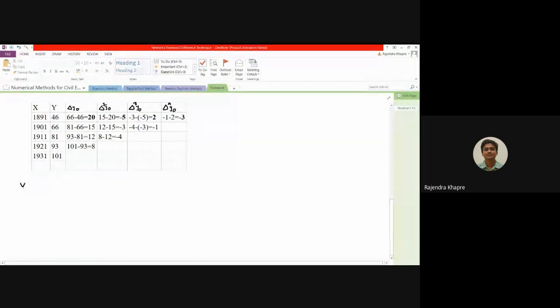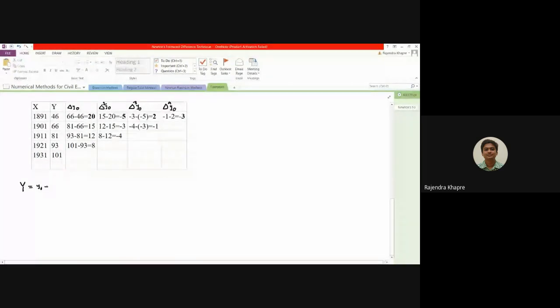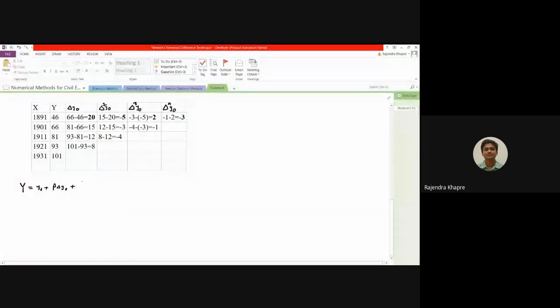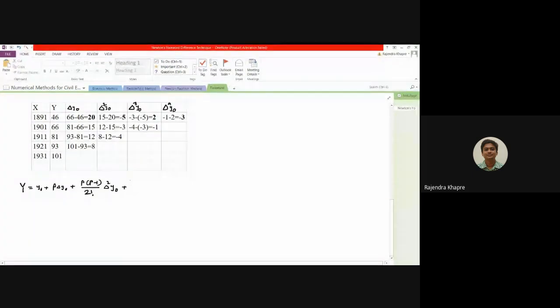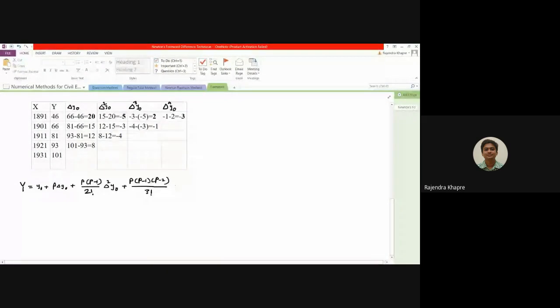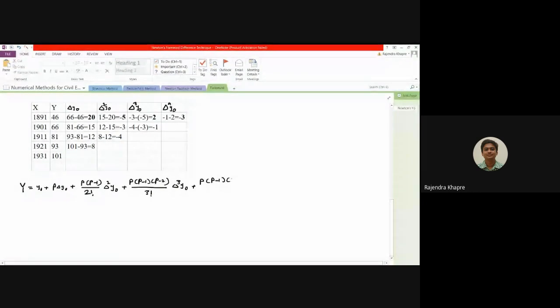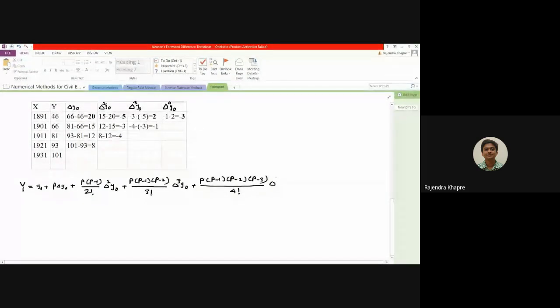So your capital Y now will be y0 plus p times delta y0, plus p into p minus 1 divided by 2 factorial into delta square y0, then one more term, p into p minus 1 into p minus 2 divided by 3 factorial into delta cube y0, plus p into p minus 1 into p minus 2, and p minus 3 will also come into picture, divided by 4 factorial, into delta to the power 4 y0.